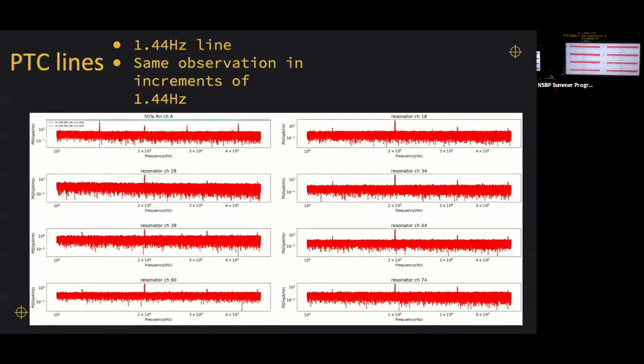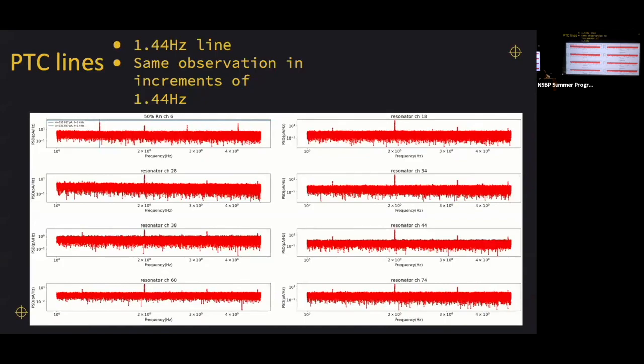I'm not sure if you can see the blue line on the first graph. This is a plot of the resonators and the detectors, with the frequency range between 1 and 4 hertz. As you can see in the detectors, our algorithm picked up noise at the 1.44 hertz line, but it didn't pick up anything in the resonators. So that was pretty interesting.